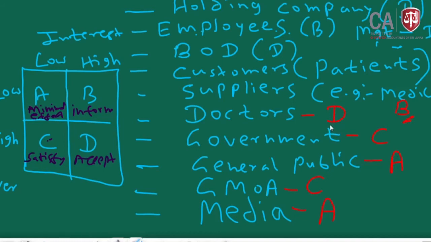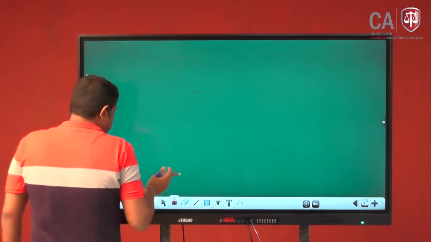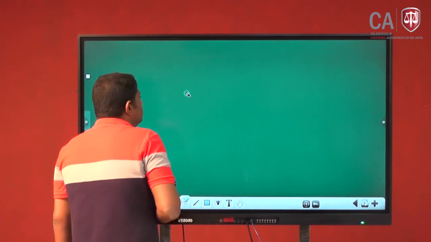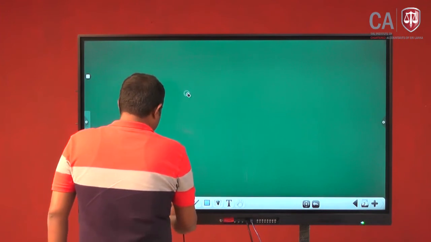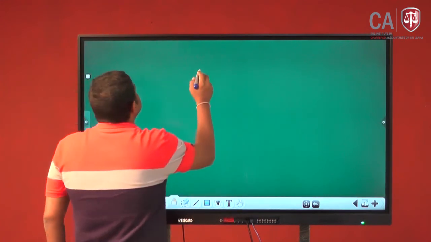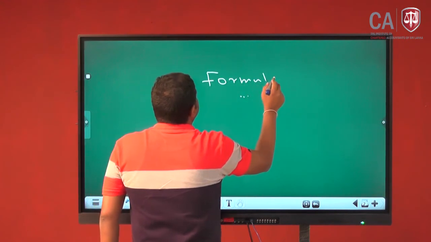If you look at this strategy making process, we know that formulation of strategies.